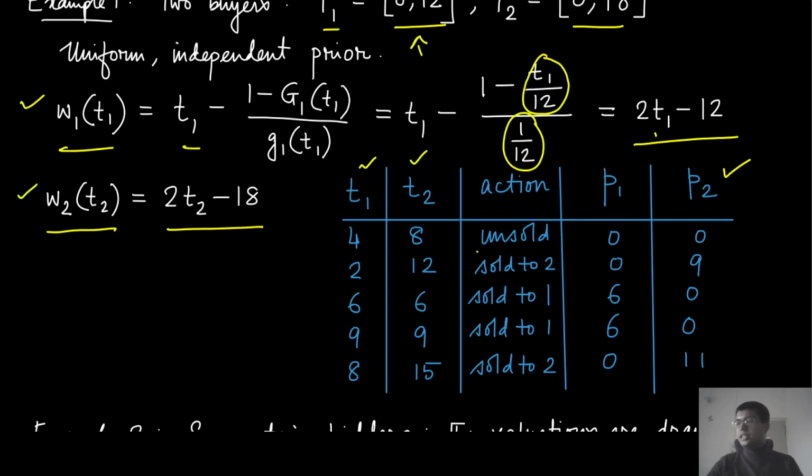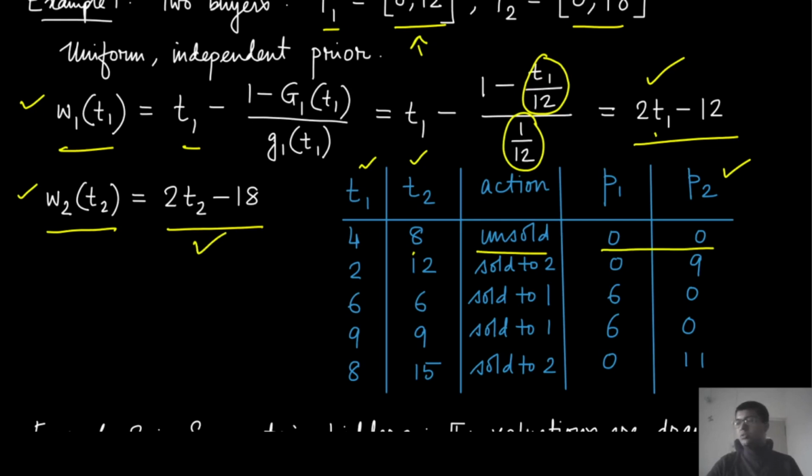In that case, the action is to keep it unsold and both players pay 0. When the types are 2 and 12, the virtual valuation of player 1 is negative, and for player 2 the virtual valuation is positive.